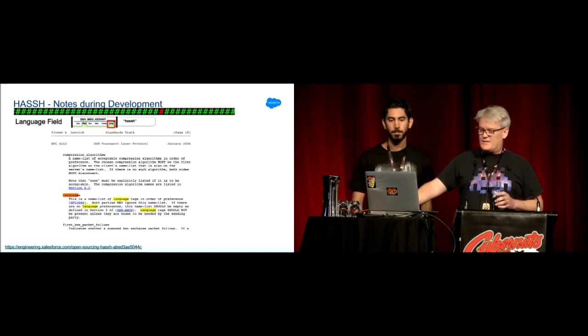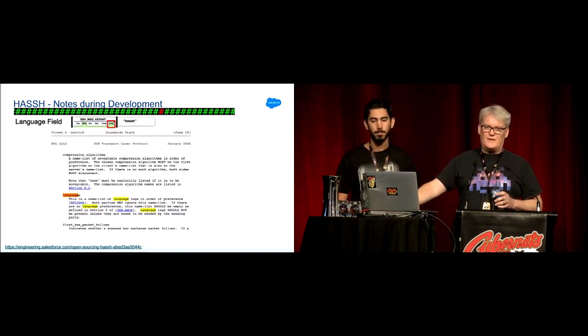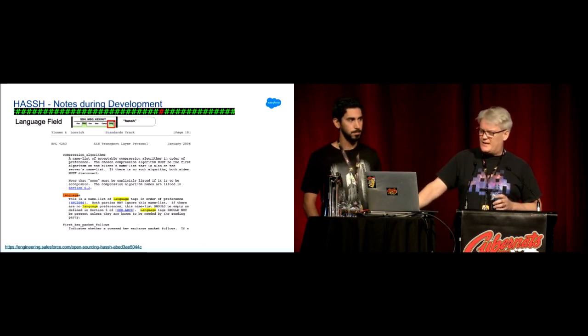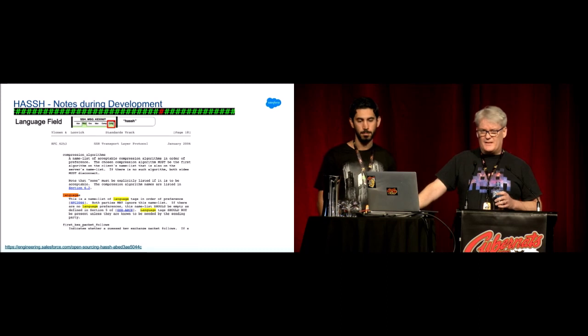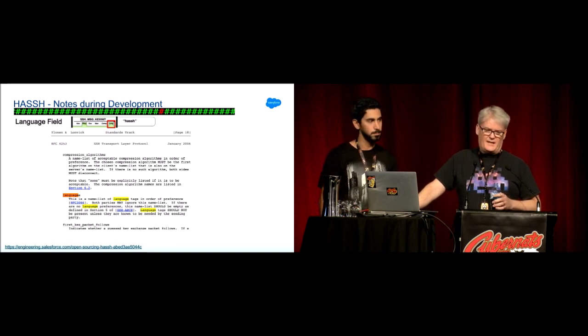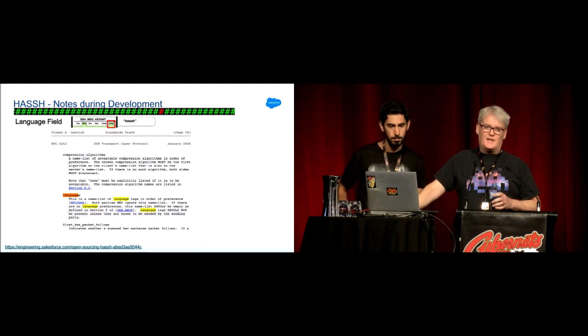The language field was interesting. We didn't know about this language field going into it. It kind of just popped up when we were looking at it. The RFC defines a language field for SSH. I've always seen it empty. I've never seen it anything other than empty. I think Didier Stevens did some looking on some old PCAPs. He looked back over 3 years of PCAPs and found nothing but empty as well.